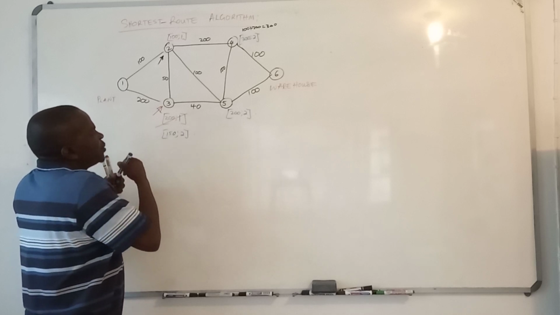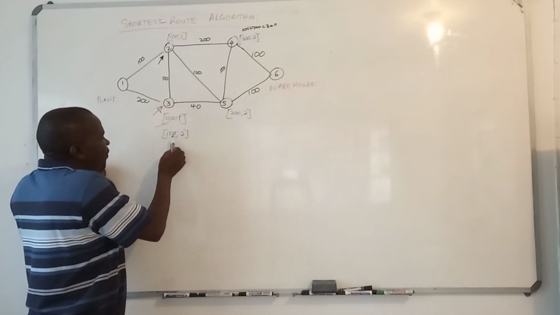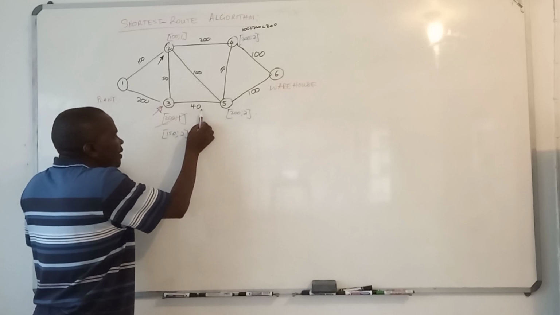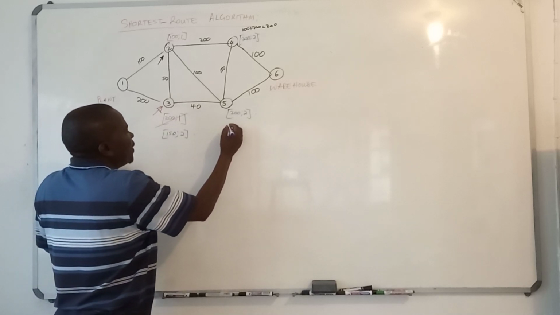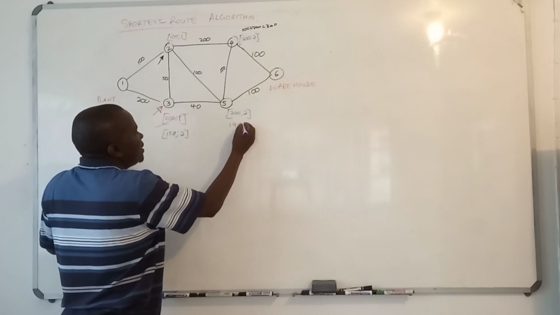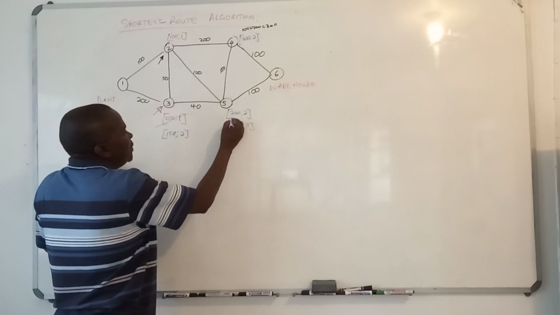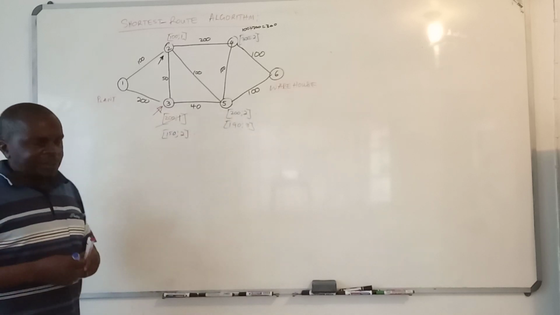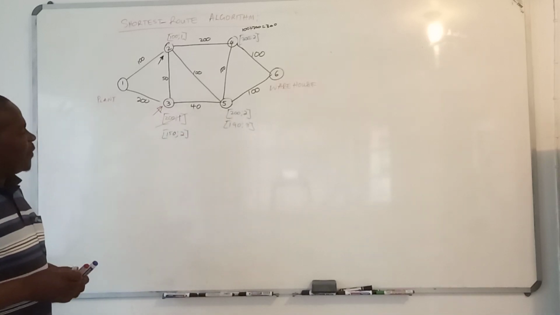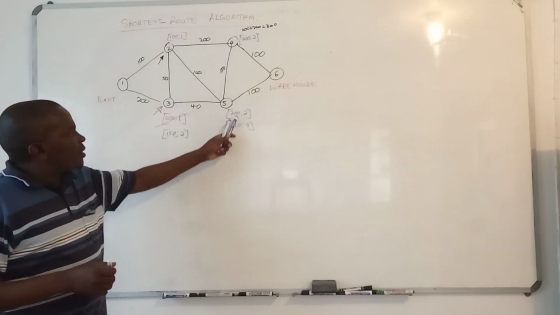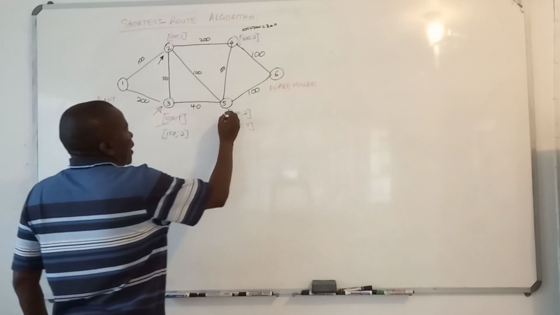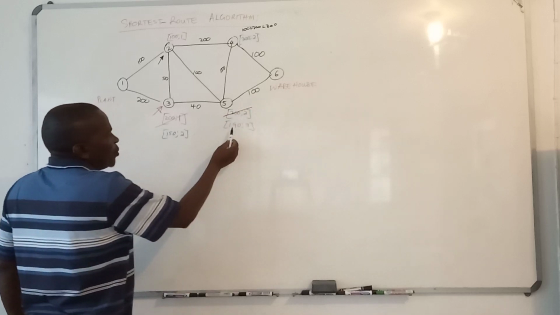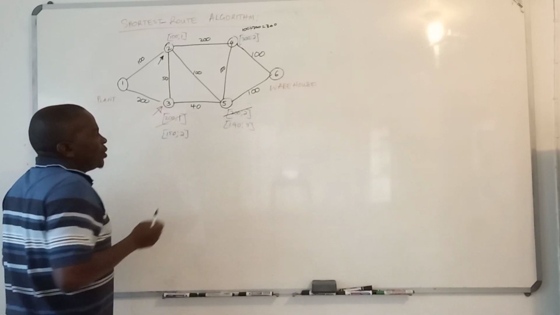Now at node 5 it is going to be 150 plus 40. 150 plus 40 will give us 190 as our label, but we're coming from node 3. Therefore, we compare these two values now. This one will be out because 190 is less than 200.